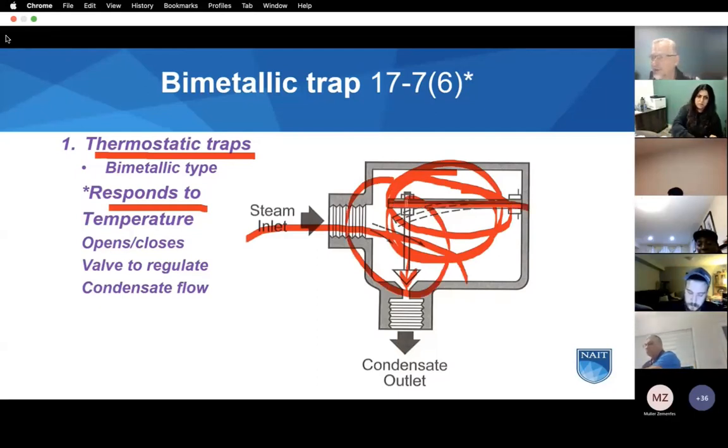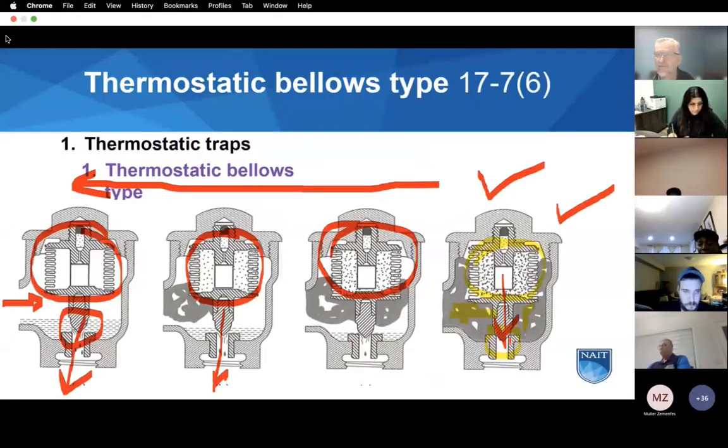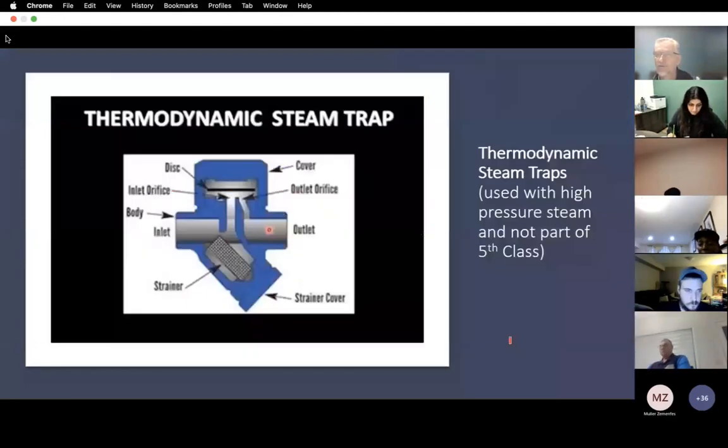This bar will straighten out and open the valve and let the water out of the trap. So a couple different ways of doing things. And the other type is thermodynamic. So thermostatic and mechanical are the two that we're going to talk about. Thermodynamic works differently.